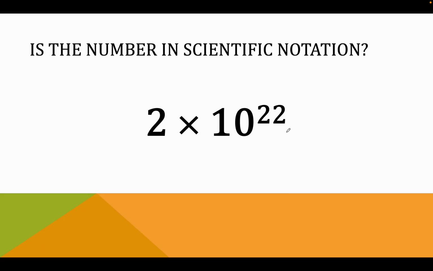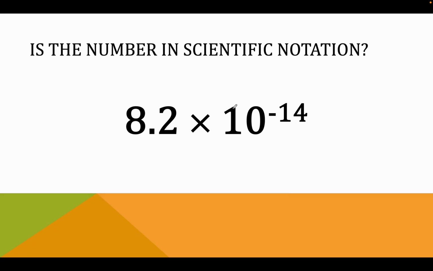So first, let's just see if these numbers are or are not in scientific notation. Does this follow the rules for being in scientific notation? This one does, because this number is greater than or equal to 1 but less than 10 times 10 to a power. This one does as well, because this number is greater than or equal to 1 but less than 10 times 10 to a power.